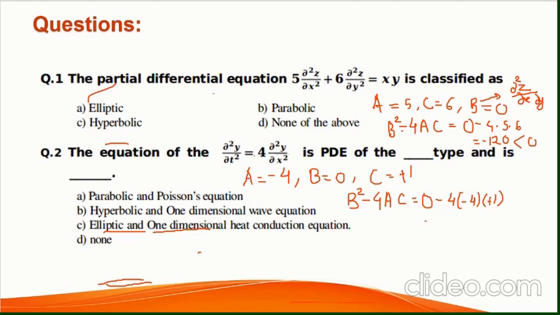So finally it equals 16 with a positive sign, and it is greater than 0. Hence this equation is a hyperbolic equation, and we know that it is a one-dimensional wave equation, where the value of c² is 4.